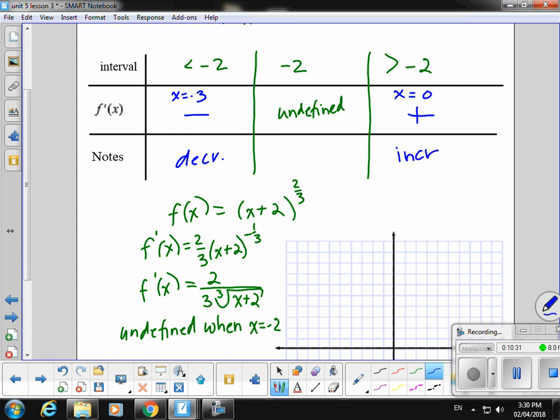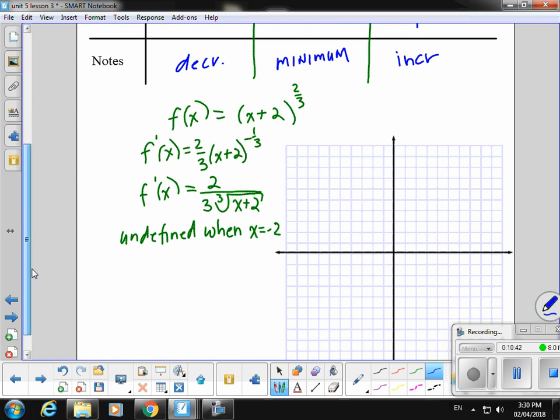So this is a minimum. But if we have a look at Desmos for this particular function, at negative 2, we certainly have a minimum, but we have a cusp, and our derivative is undefined at that point.